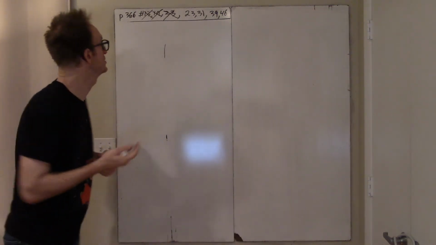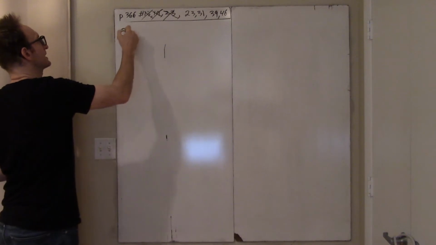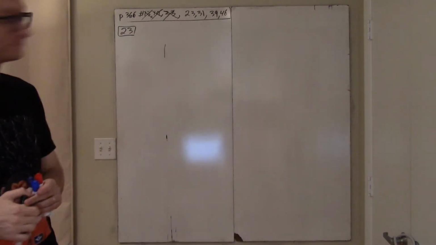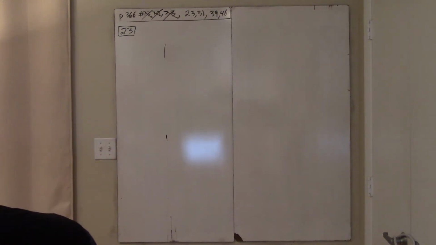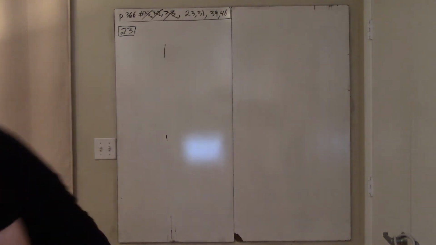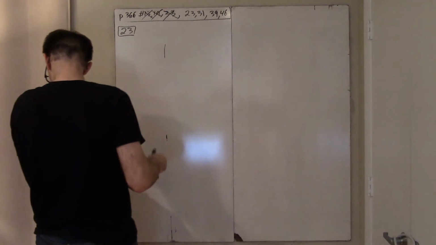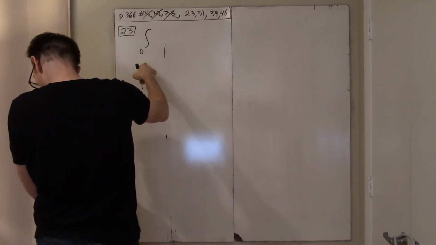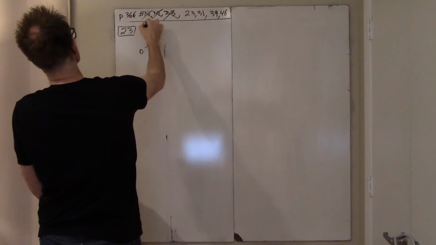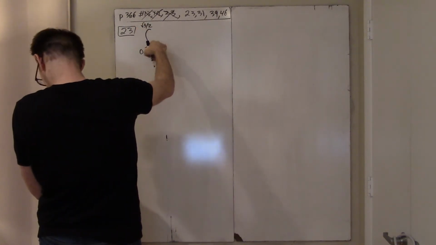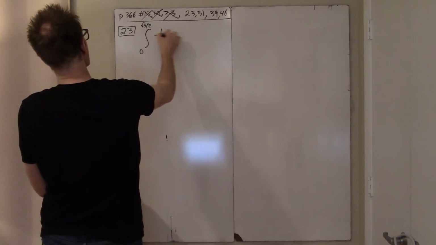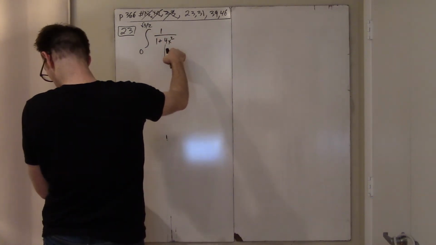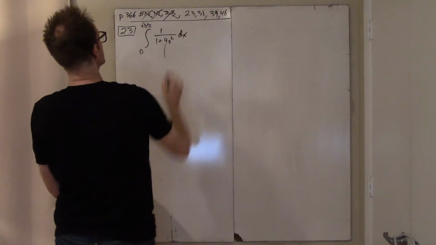Now we get to the new stuff, which is also not even really new per se, but we're going to do some integration problems. Okay, let's go. 23 is the integral from 0 to root 3 over 2 of 1 over 1 plus 4x squared dx.